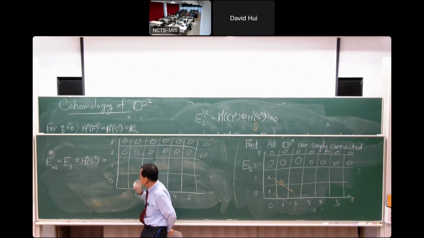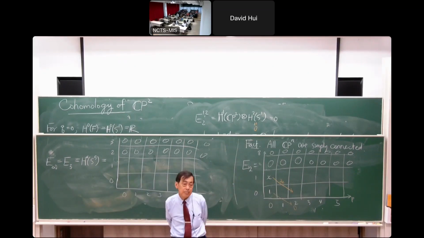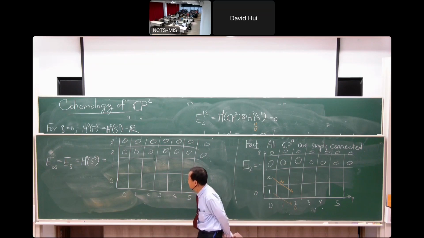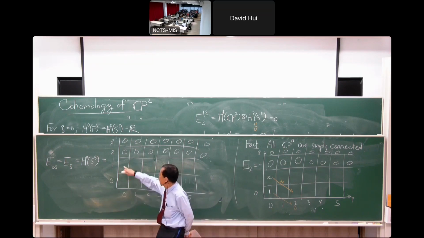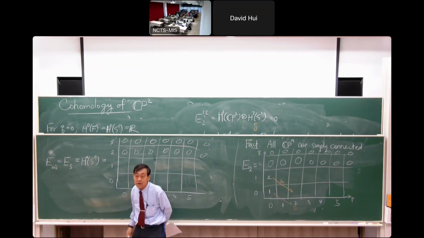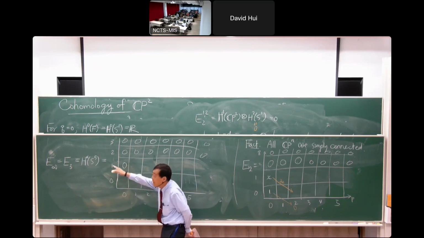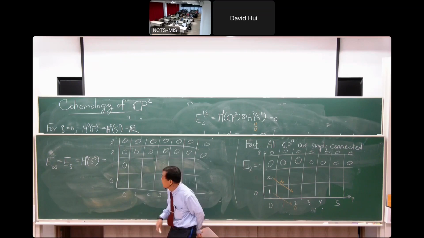Which of these boxes can you fill in? S5 is non-zero in only 2 degrees, right? So what would be this box? What's this box? It has degree 1, and it's supposed to be the cohomology of S5. So this has to be 0 because S5 has nothing in degree 1.